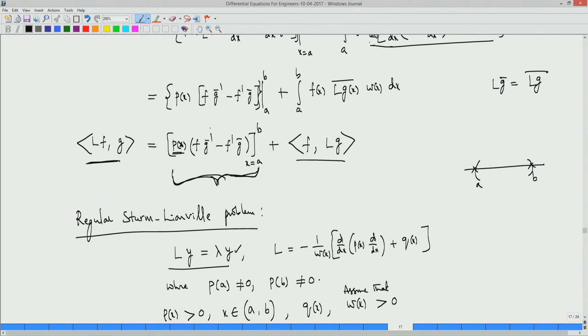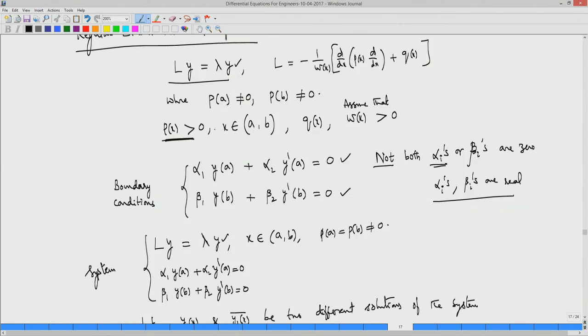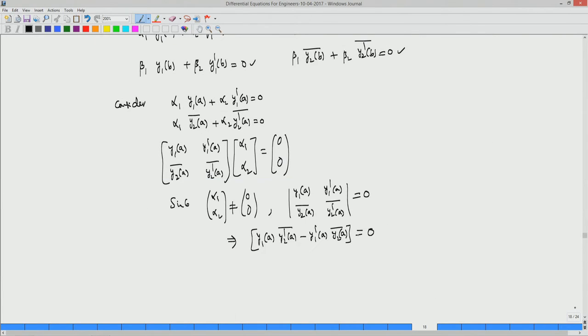Here I have taken y1 and y2, and the lower limit will become 0. This implies P at a into y1 at a into y2 dash at a bar minus y1 dash at a y2 at a bar is 0.